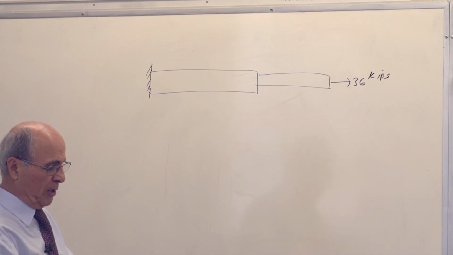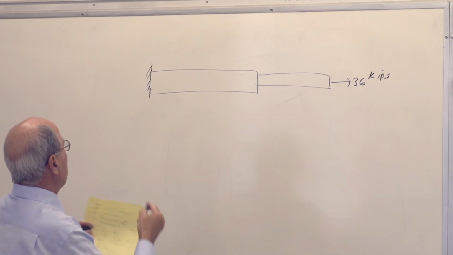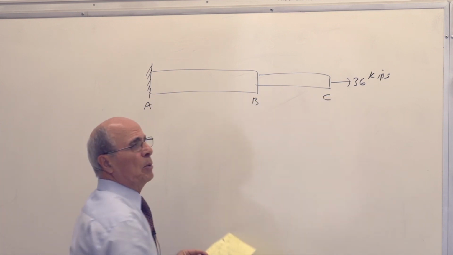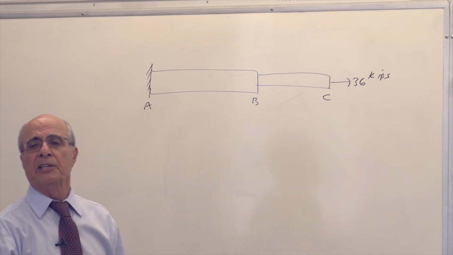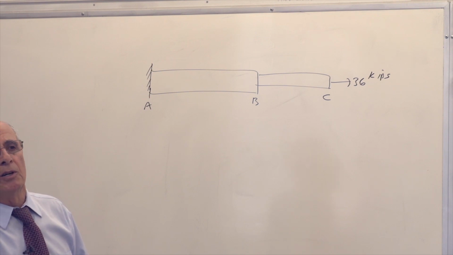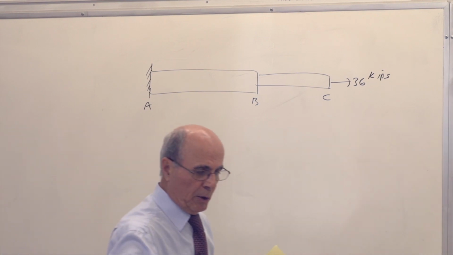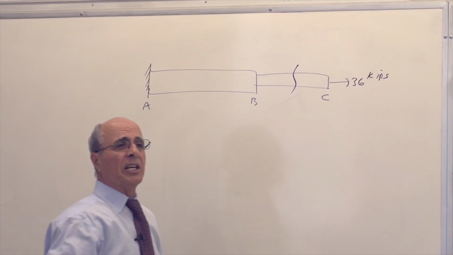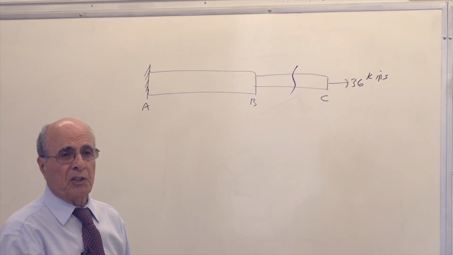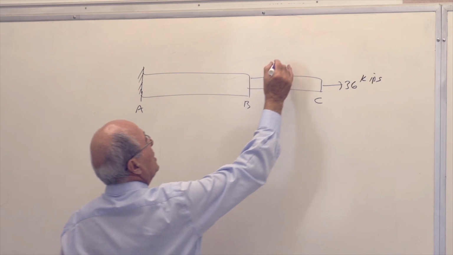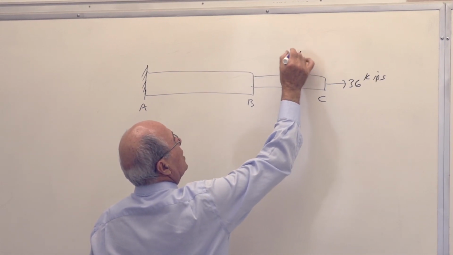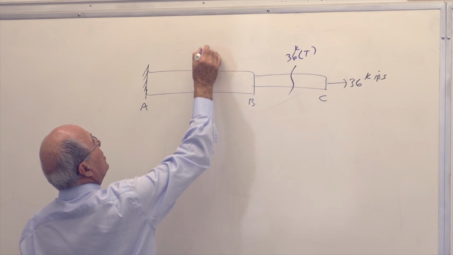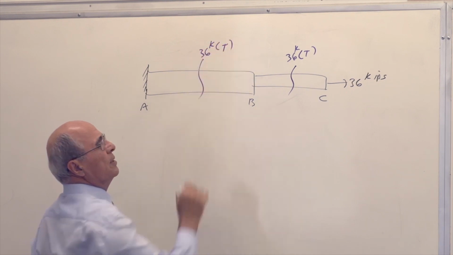This is obvious to everyone that rod AB and rod BC, both of them are under tension of 36. Is that acceptable or not? Yes or no? So in other words, when you cut it here, you see an internal force of 36 K in tension. And when you cut it here, it is 36 K of tension.